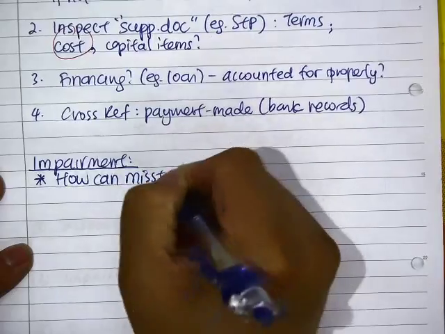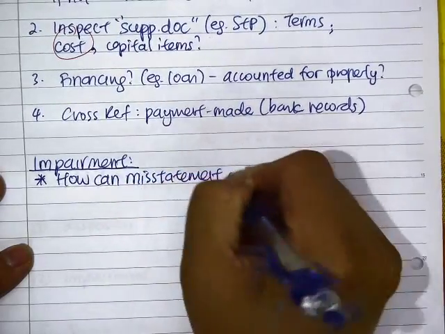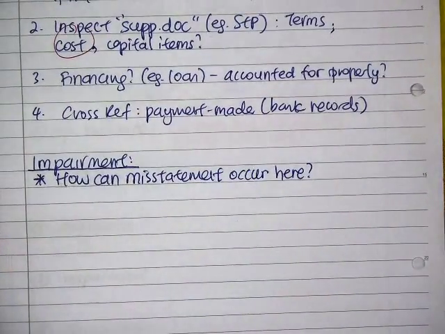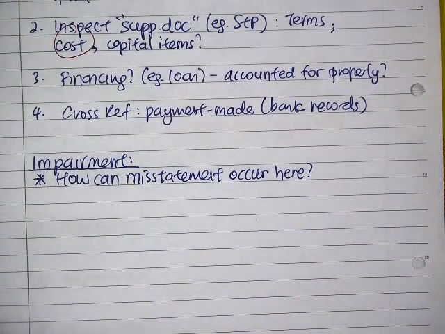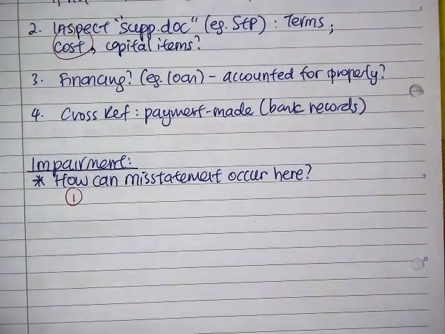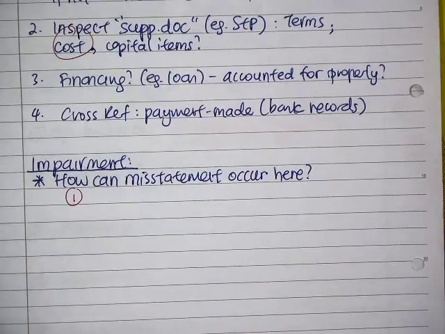how can misstatement occur here? So what kind of mistake will occur when we deal with impairment? Now, one, an asset that suffered impairment but is not being identified.